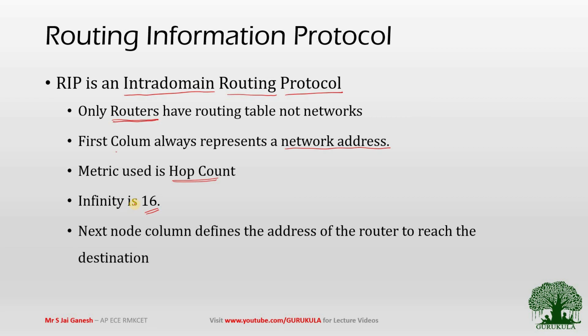As already said, generally the value will be 30, but for Routing Information Protocol, the default infinite value we choose will be 16. And the node column defines the address of the router to reach the particular destination.